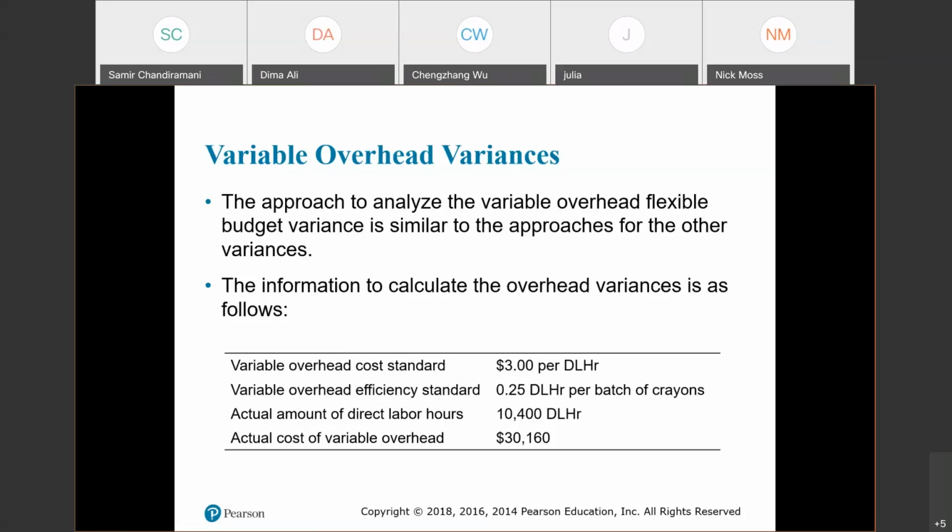The company uses a similar approach to analyze the variable overhead flexible budget variance, the same as the analysis of the direct labor and direct material variance, because direct material and direct labor are also variable costs. So the approach is very similar.